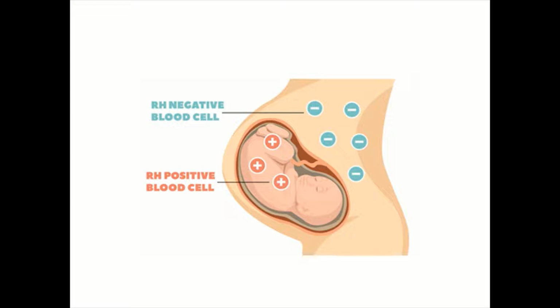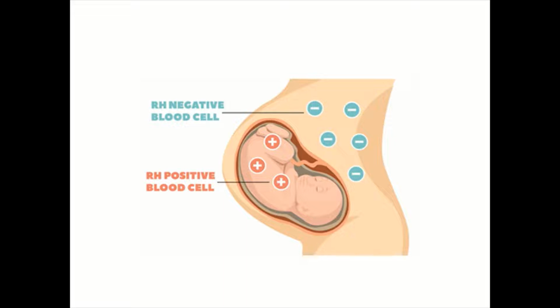If there is a risk of fetal-maternal hemorrhage due to different factors, fetal RBCs might cross the placenta and enter the maternal circulation. These fetal RBCs have D antigen, which is foreign to the mother, and now the mother starts to produce antibodies to clear out these cells.